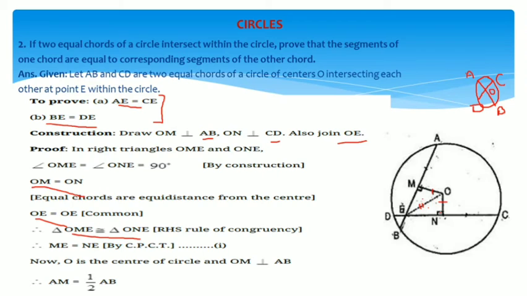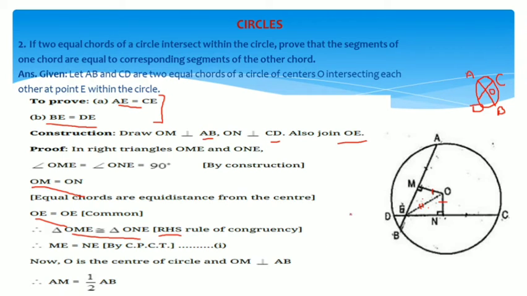Right angle, hypotenuse, side: OE is the hypotenuse for both, and there is one side equal, so RHS. So by RHS criteria, these two triangles are congruent.